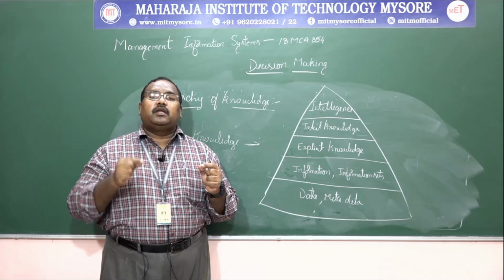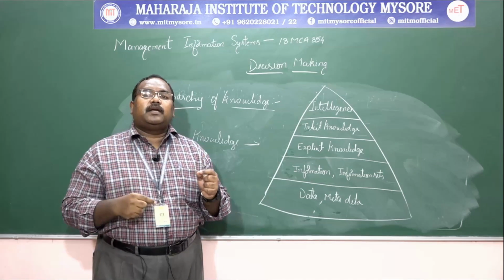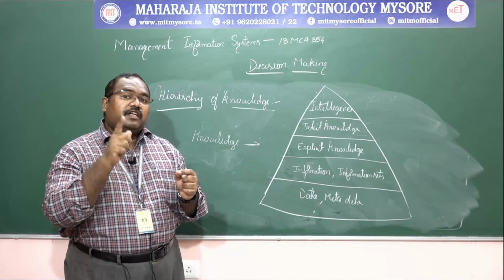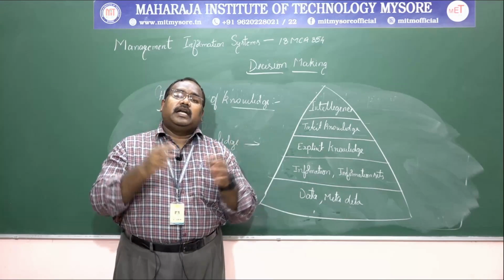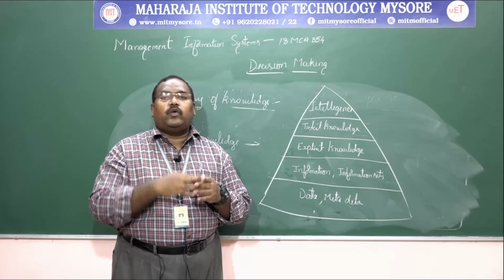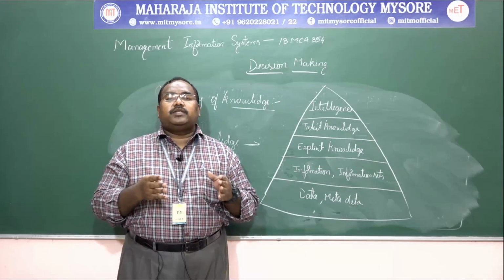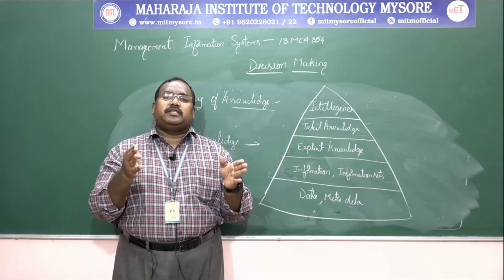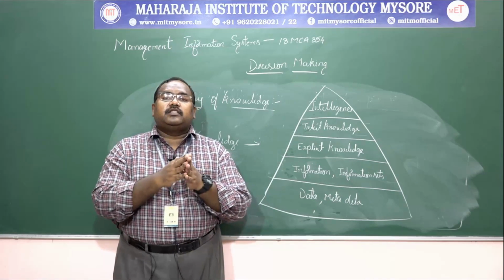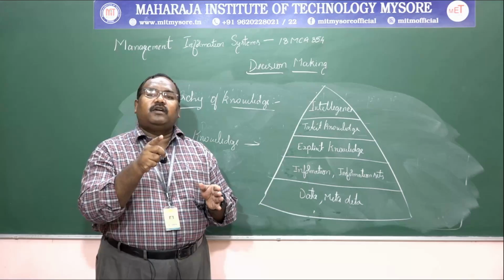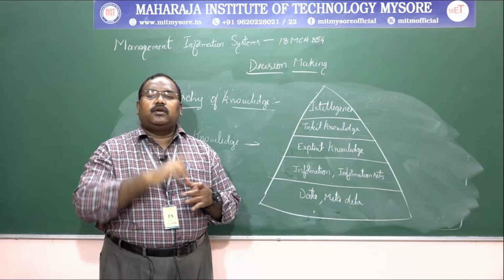It means that if the additional information aids decision making and changes the behavior of a manager, then that additional information has its own value. If the additional information doesn't make any change to the behavior of a decision maker, then it has no value, or the value of the information is totally zero.